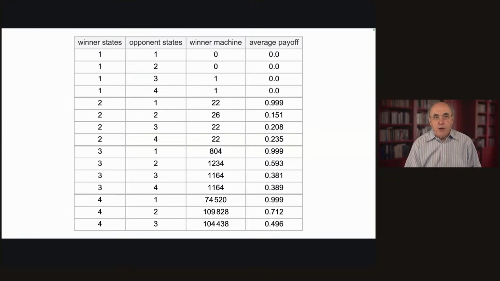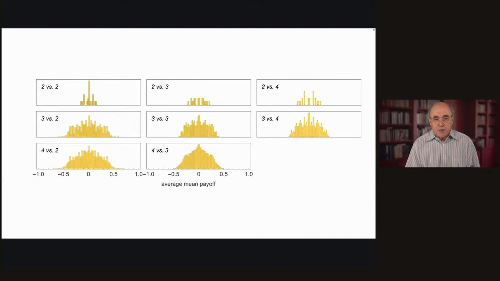And if we look at the distribution of possible average mean payoffs, we see that the distribution of average mean payoffs is wider for three-state machines than for two-state ones. These are now the distributions of average mean payoffs for machines of different sizes competing with each other.